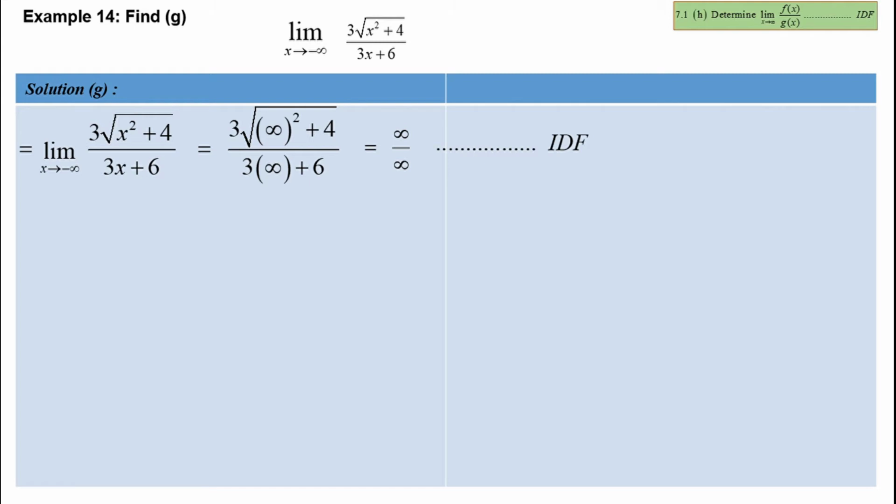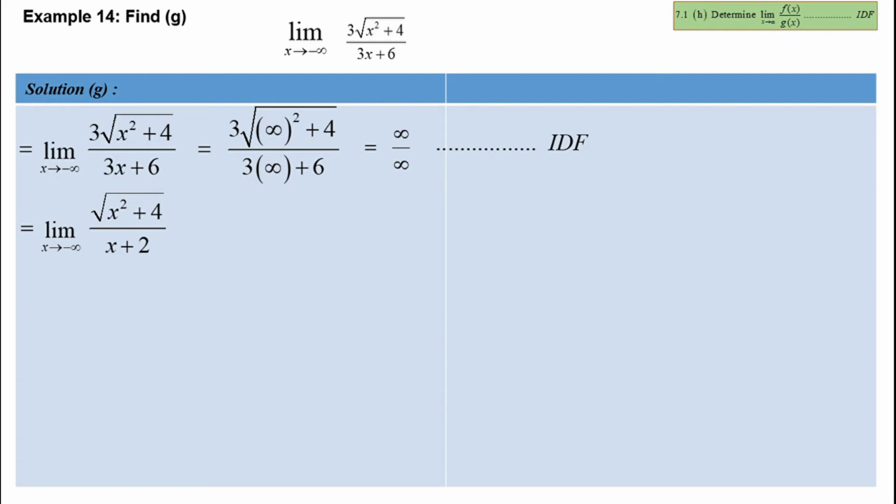Before we continue, we may factorize 3 from the denominator. And we can cancel out 3 from our function. So, our function will be the limit as x approaching negative infinity for the function of the square root of x square plus 4 and divided with x plus 2.